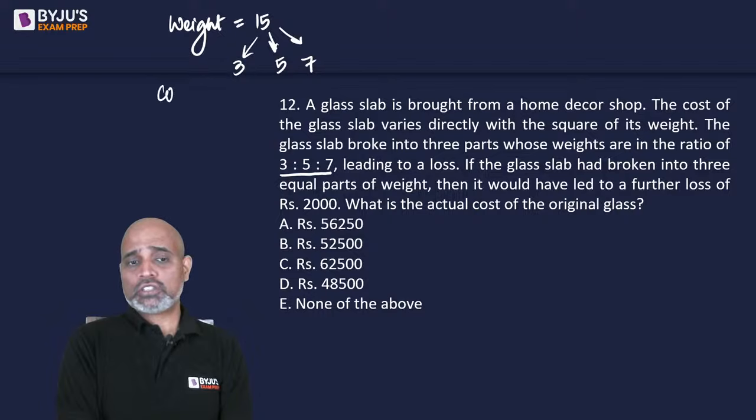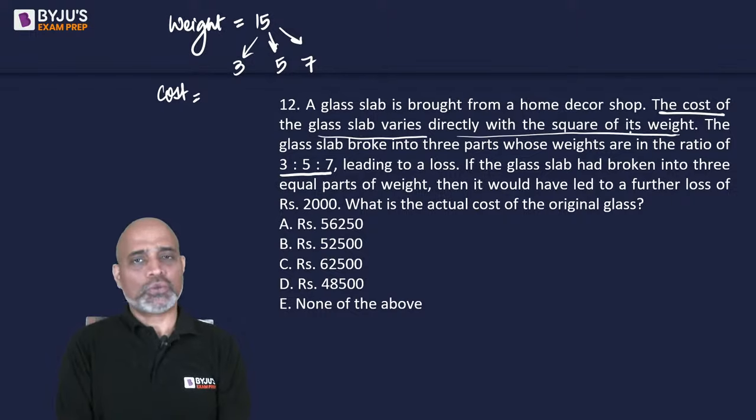What will be the cost just because it gets broken down? It is given the cost of the glass slab varies directly, is same as equal to, you can assume it, square of its weight. So jiska 3 hai, what will be the weight of that? 9. The slab part which is 5, what will be the cost of that? 25.